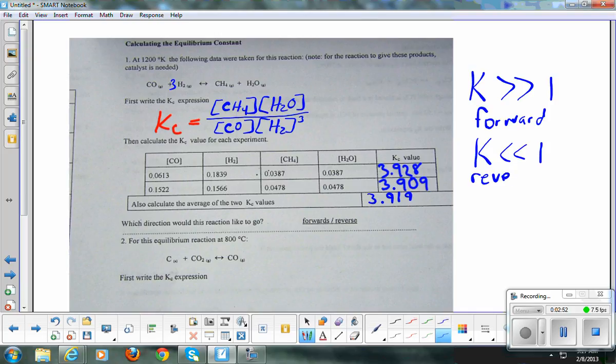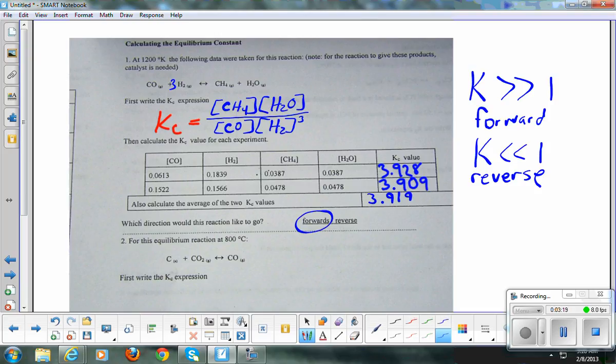Usually when K goes forward very forcefully, it is very large. Okay, so this is bigger than 1, but not very much bigger, so we're probably going to get a forward reaction, but it's not very forward. You know, some reactions go forward, but they're not necessarily fast.